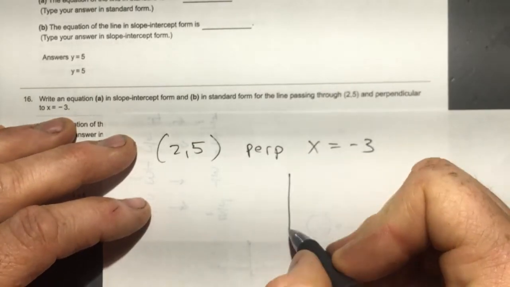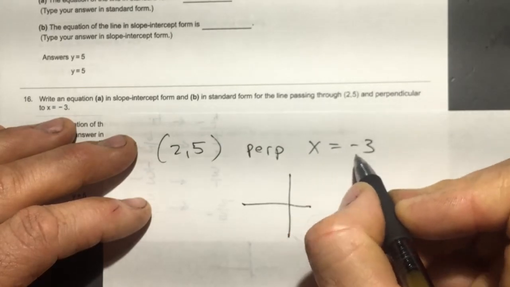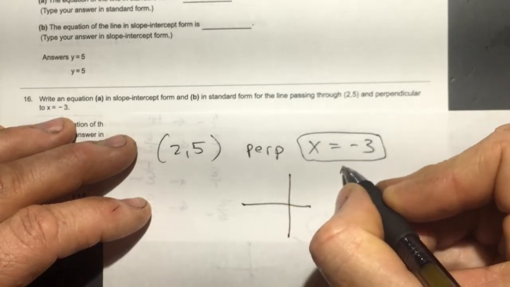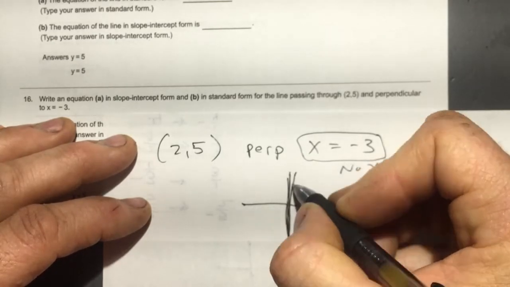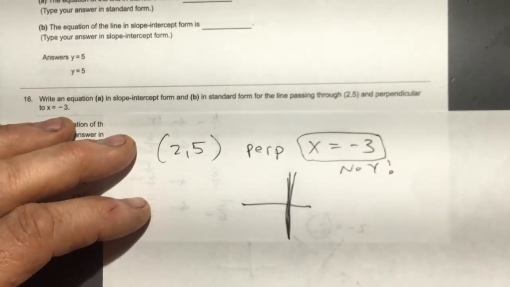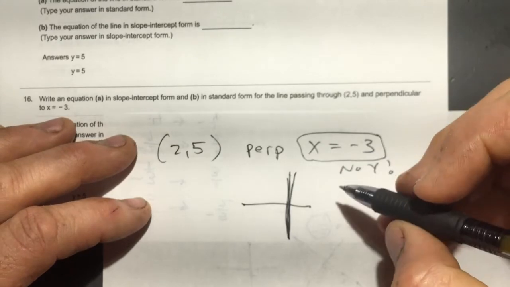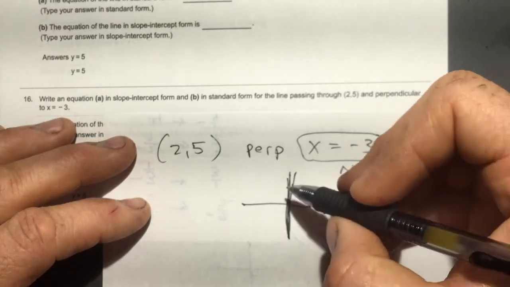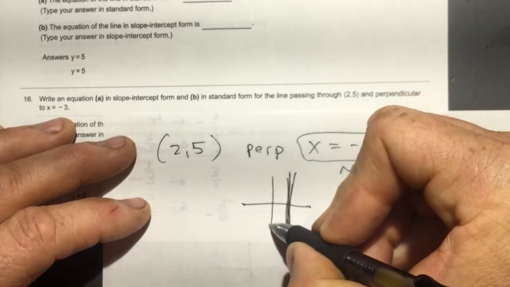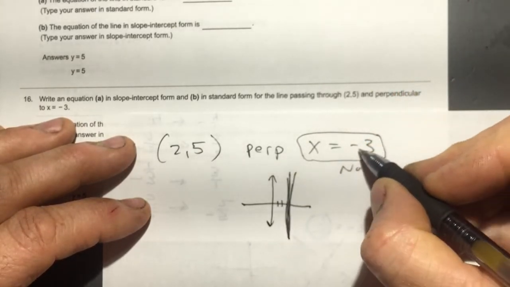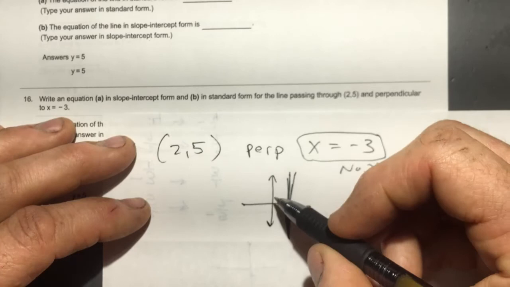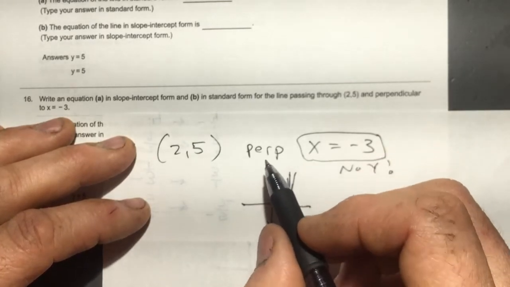Okay, well, if you think about this now, x equals negative 3, there's no y. There's no y in this, which means it cannot cross the y-axis, which means this is an undefined slope. So we're looking at a line right here. That's what we have. 1, 2, 3, negative 3. Okay, well, I want something that's perpendicular to that.